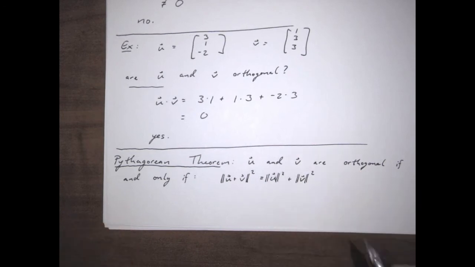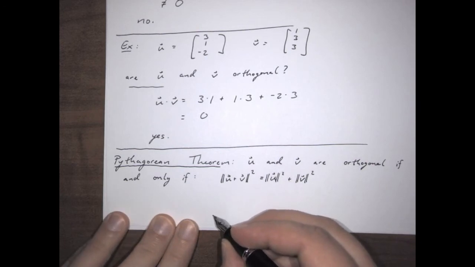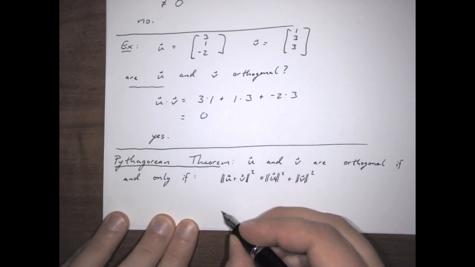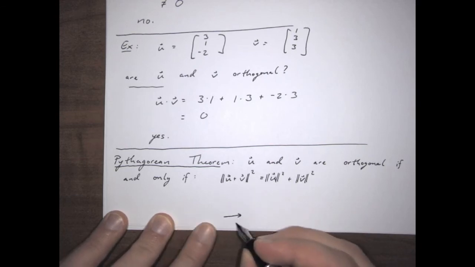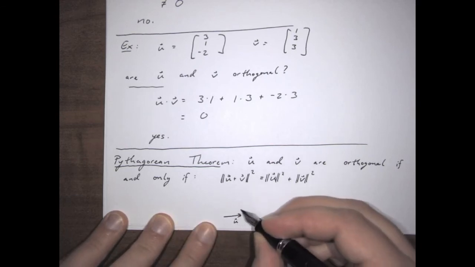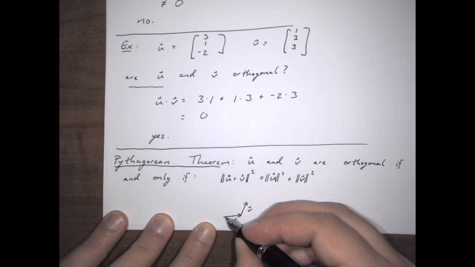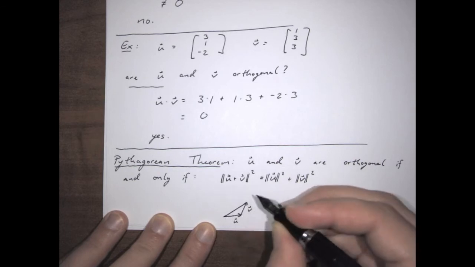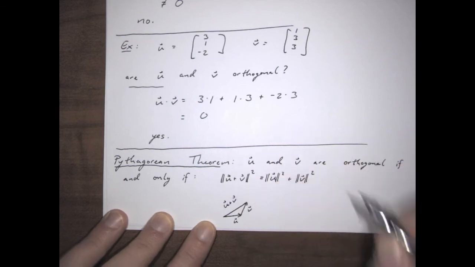So what this is saying is we have got ourselves, in fact, a right triangle if the square of the length of, let's say, u going that way, and v, let's say, going that way, is equal to the square of the length of the sum u plus v, which goes like so.